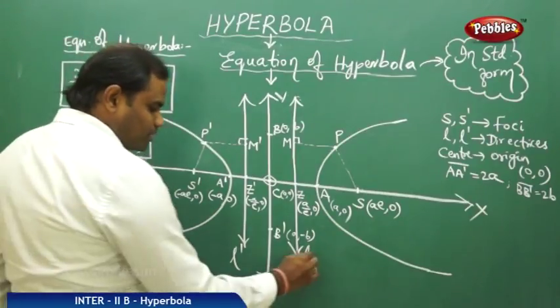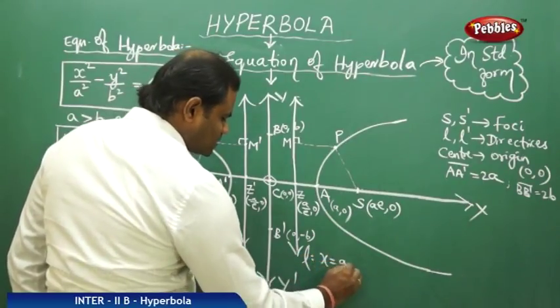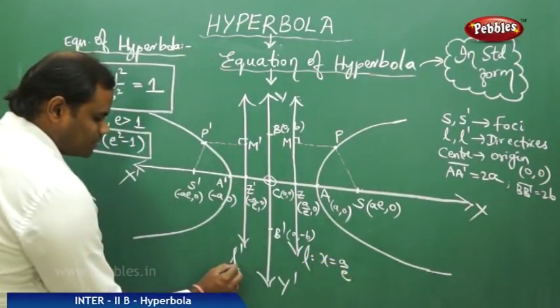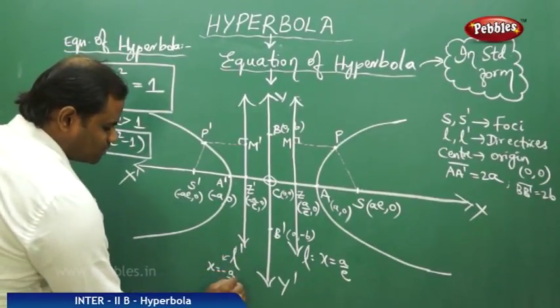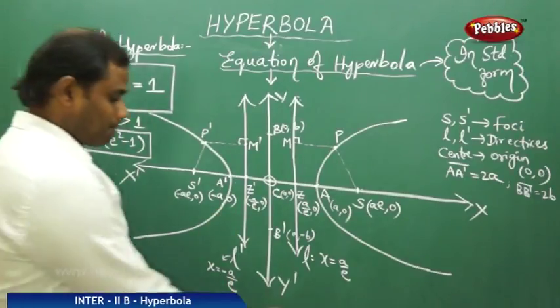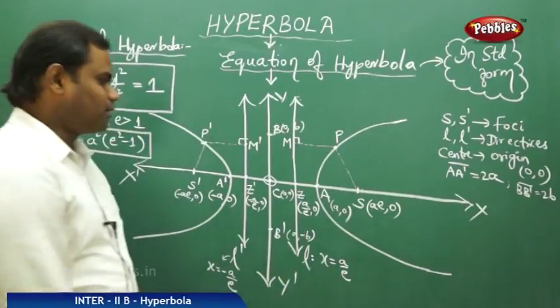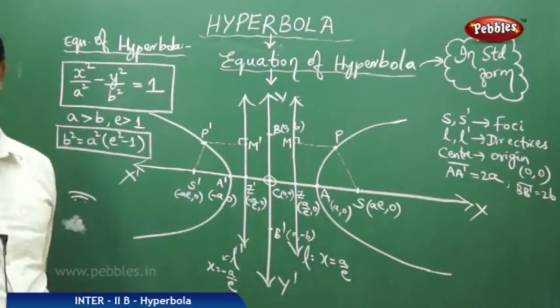And comes the equation of directrix L, which is given by x equals a by e, and the equation of directrix L dash is given by x equals minus a by e.